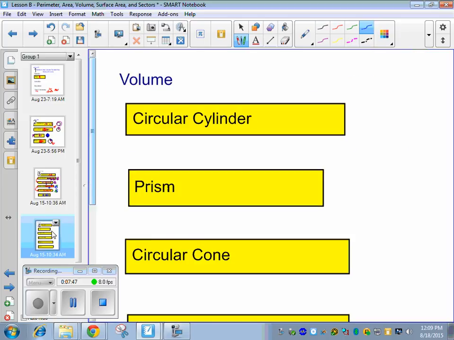All right, everything you've ever known about volume review. Circular cylinder. Prism and circular cylinder are the same. What's the formula you've been using since the 7th grade for volume? Very good.